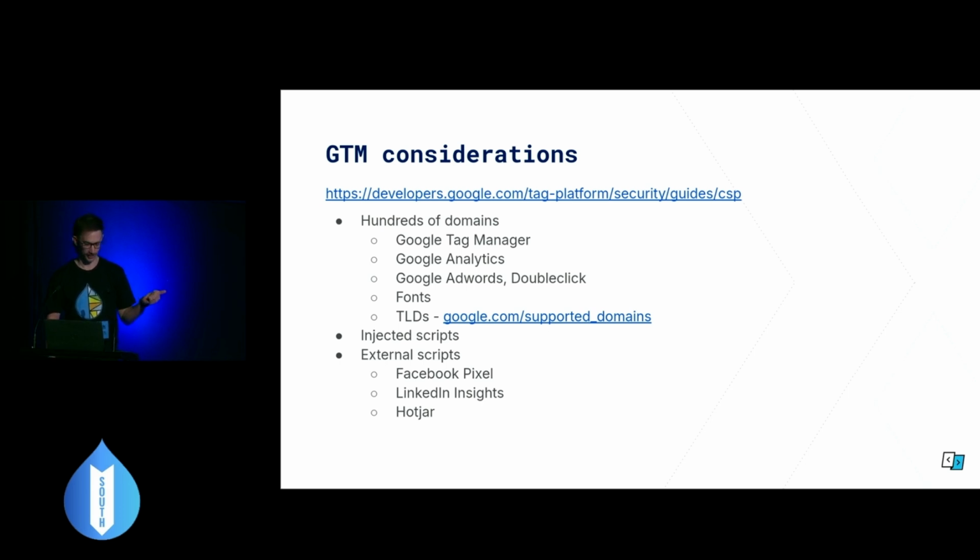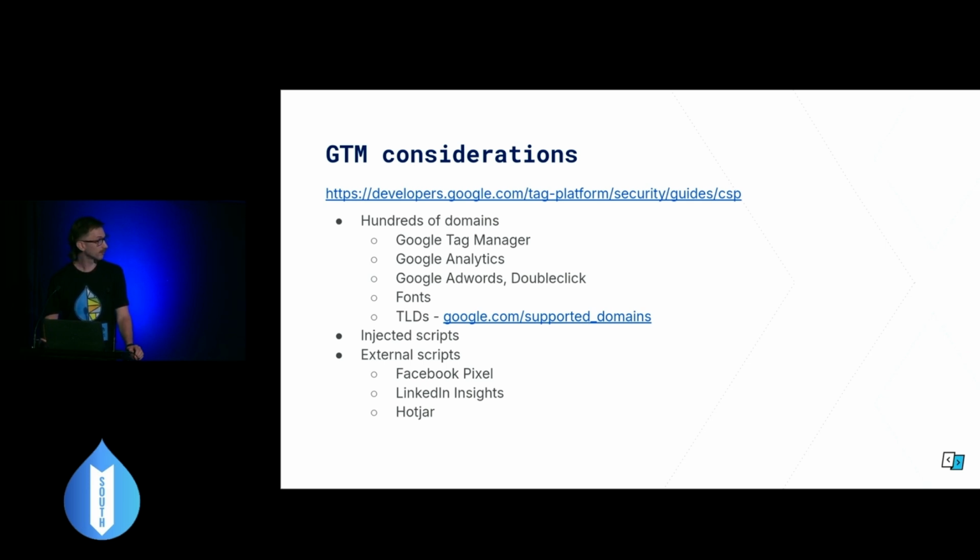So Google Tag Manager, Google Analytics if you're using that, AdWords, DoubleClick, depends what you're using. You might need Google Fonts. But then they also suggest, depending on what you're using in GTM, you might need to add every single TLD that Google owns. And at last count, that was almost 200. In practice, I'm not sure that's entirely necessary, but I guess in some situations it might be.